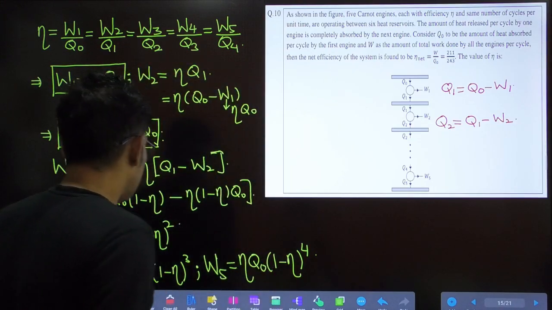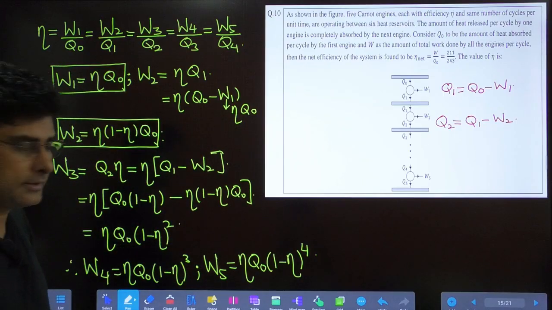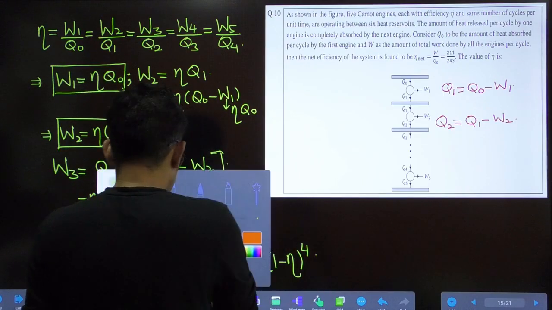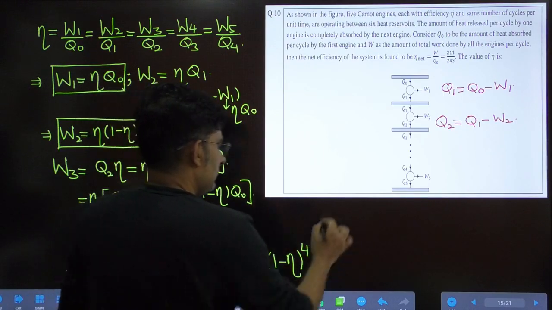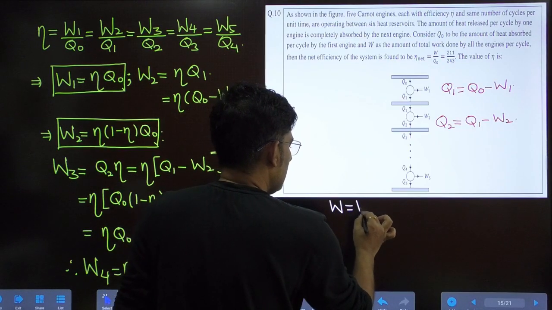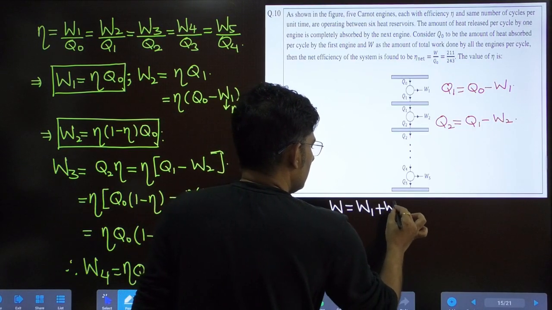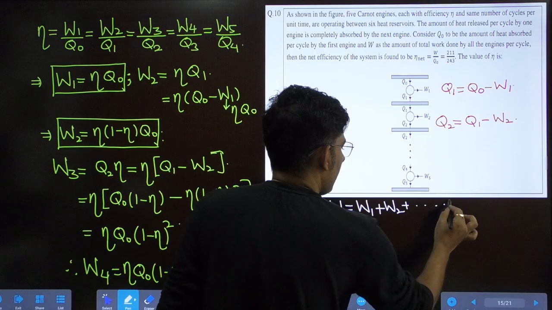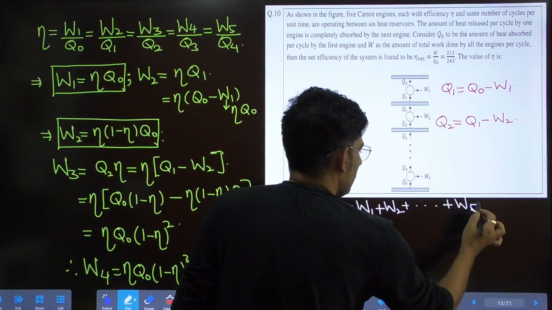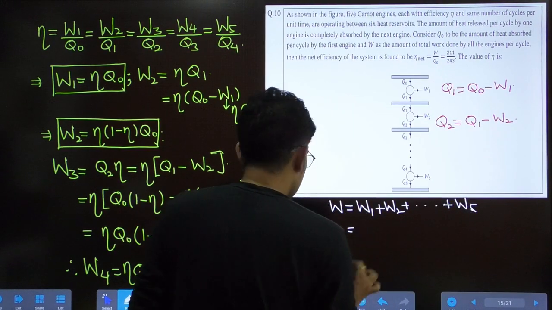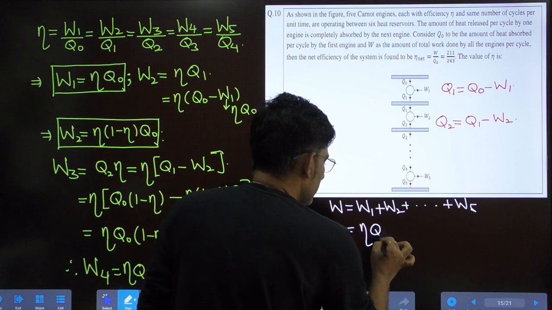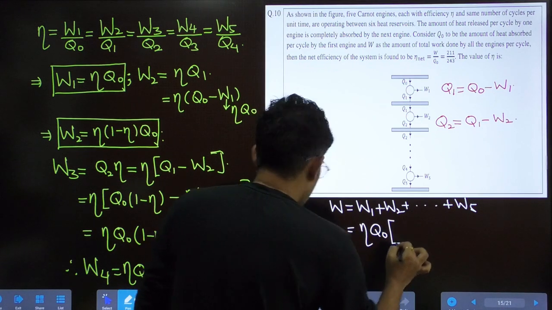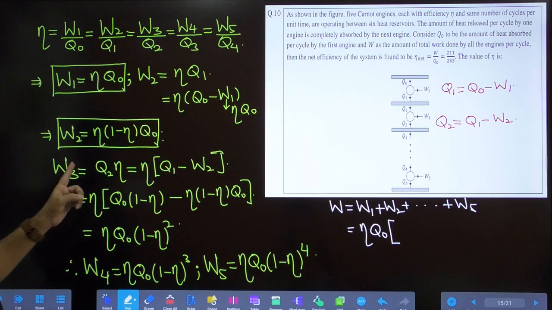Now comes the real part where we have to write the total work done. We have to add all of these. So W, which is the sum of all, has eta and Q0 common.